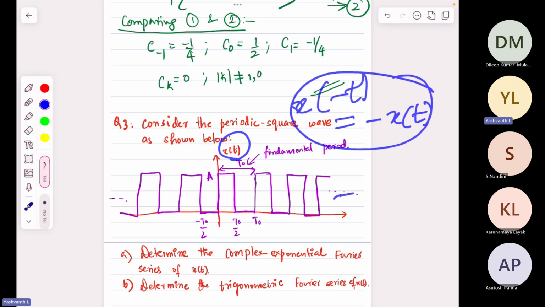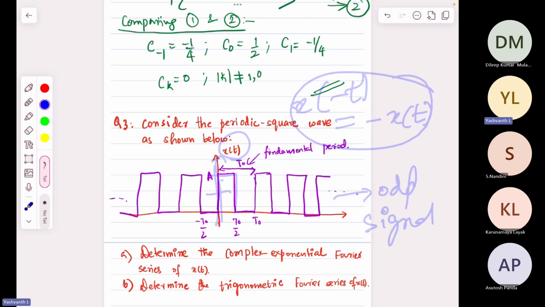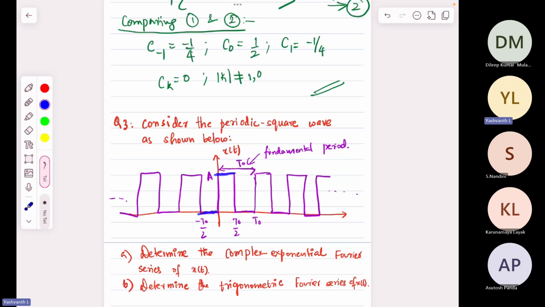That is, this signal is an odd signal, because it is exactly anti-symmetrical about the y-axis. Whenever it was 1, here it is 0, and whenever it was 0, it was 1 in the negative axis. So x of minus t is equal to minus x of t.